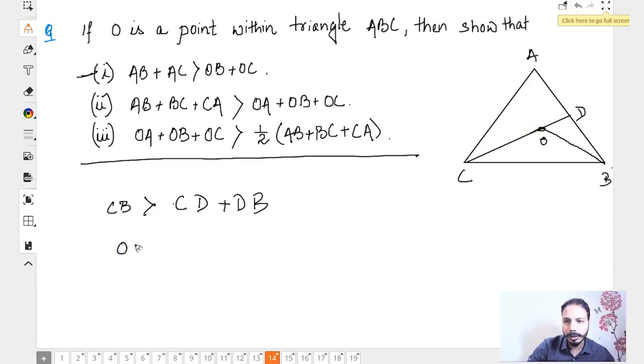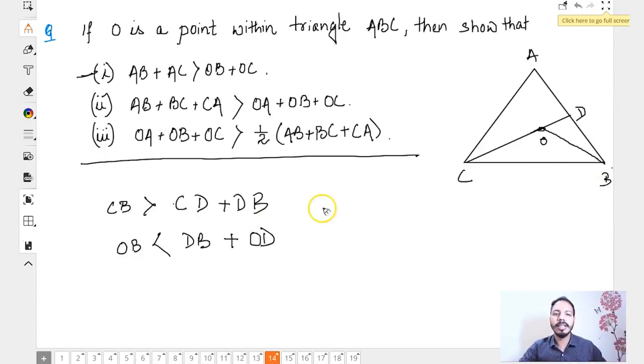OB can be said to be less than DB plus OD. So using this, you can easily solve it.